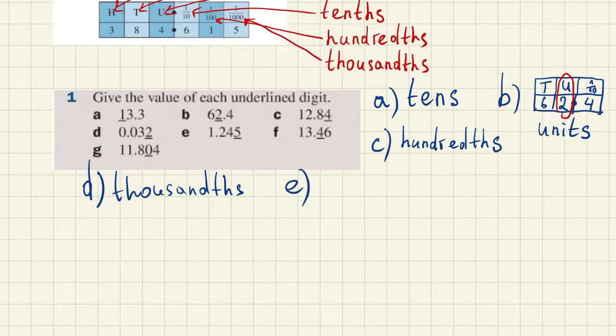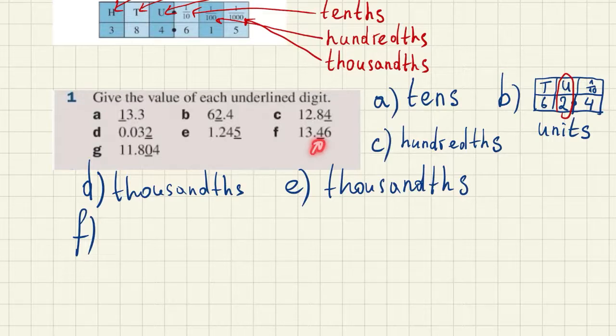In E, 1/10, this is hundredths, right? And then finally this is again thousandths. In F we have tenths, right? Right after the decimal point we have tenths.